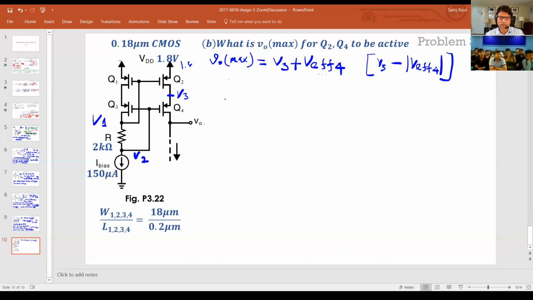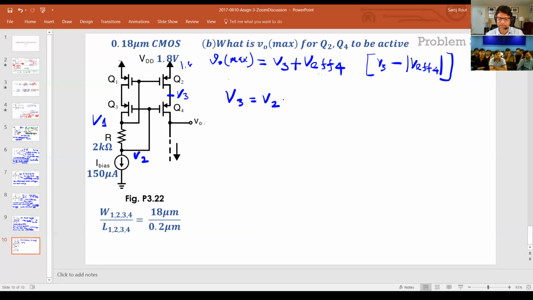So now the question is, what is V3? Now V3 is nothing but V2, and here I won't write magnitudes. The gate to source voltage is actually a negative voltage, and the source to gate voltage is actually a positive voltage.